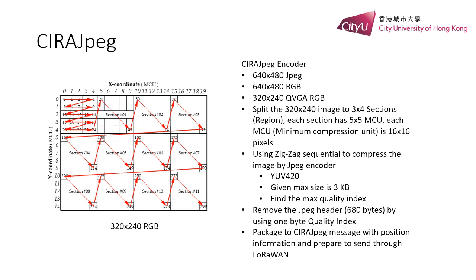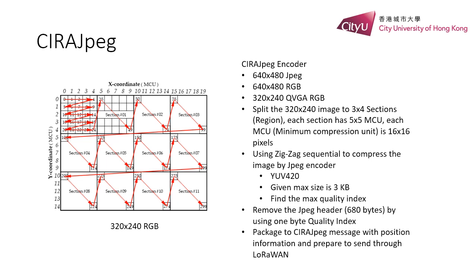Then we split this RGB into 3 x 4 sections. Each section has 5 x 5 MCU, which are minimum compression units. Each MCU is 16 x 16 pixels. Then we use the zigzag sequence to compress the image by the JPEG encoder.